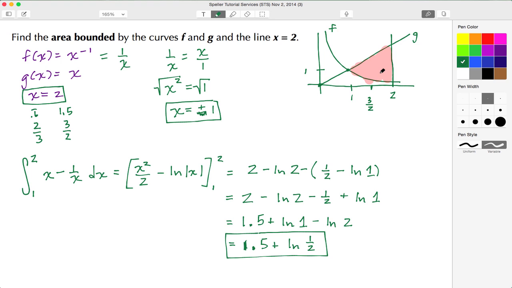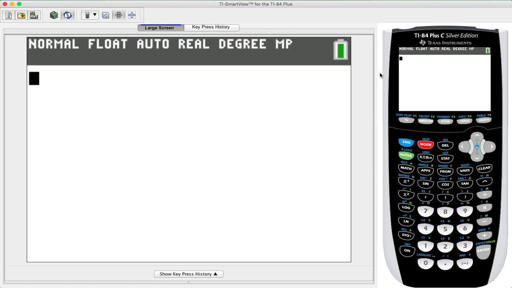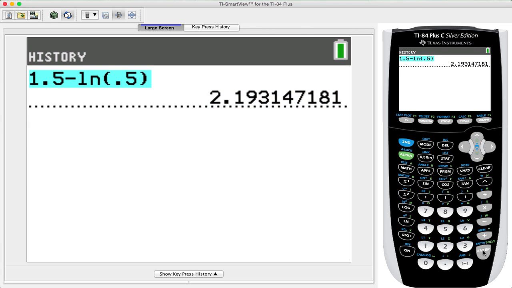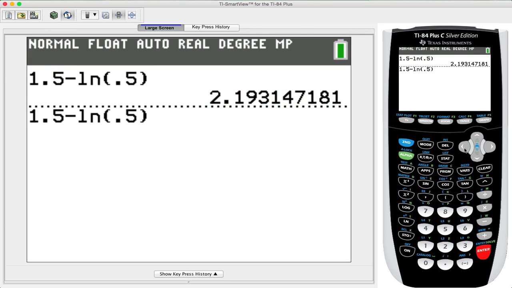So let's go and call up the calculator and just verify that result, or show the decimal approximation of that result. So here it was 1.5 minus the natural log of 0.5. And we press enter here. Whoops, I'm sorry, it wasn't minus, it was plus. So let me go back up and let's grab this here.